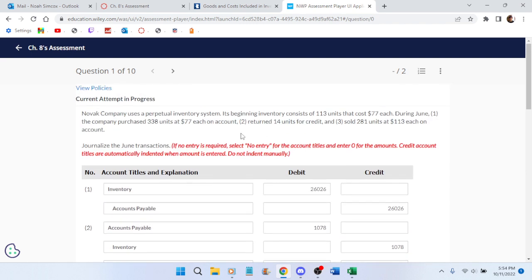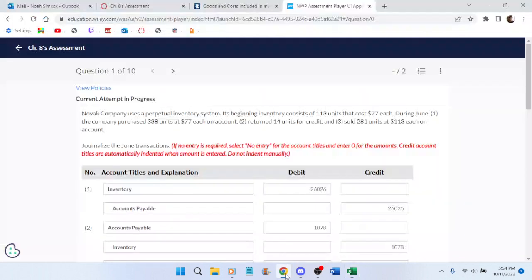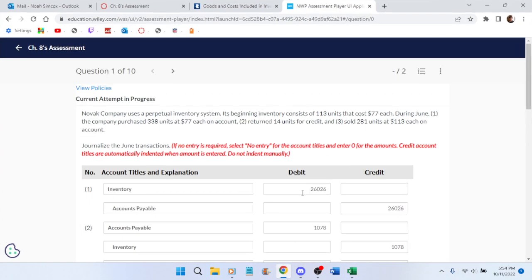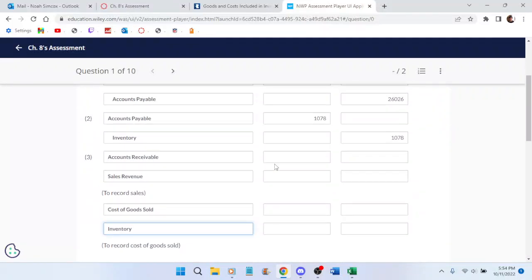Okay. So for the sale, you multiply 281 times 113. So 31,753.